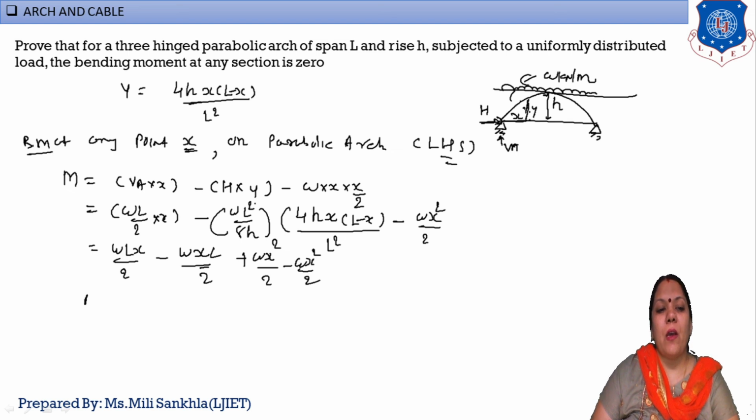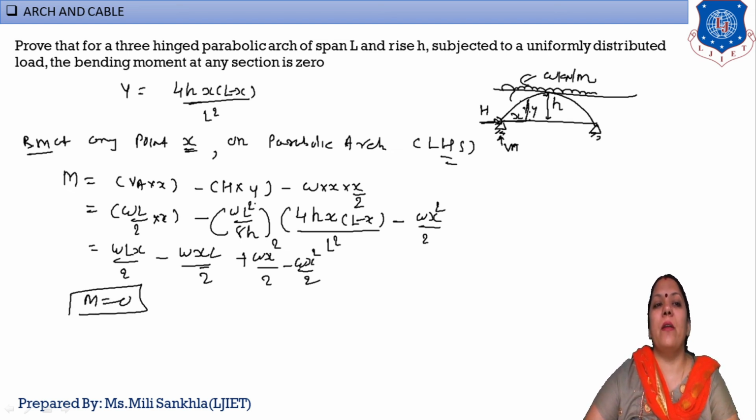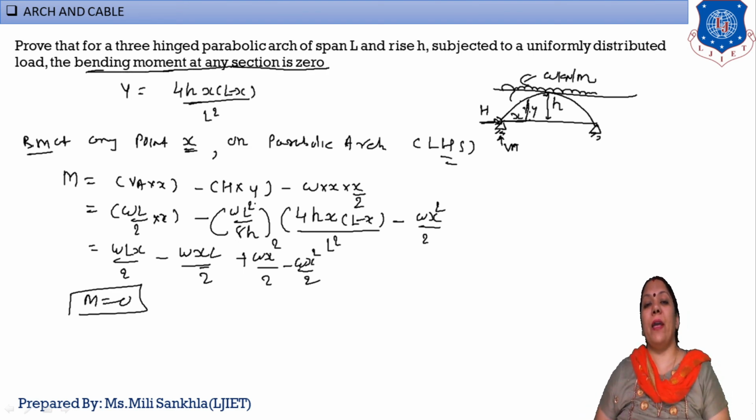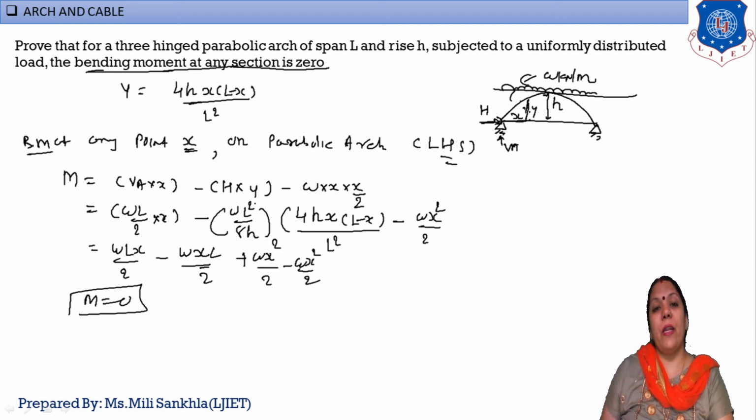Now simply, the moment is equal to 0. That means here we prove that the bending moment at any section is equal to 0 when our arch is subjected to UDL load on the entire span.